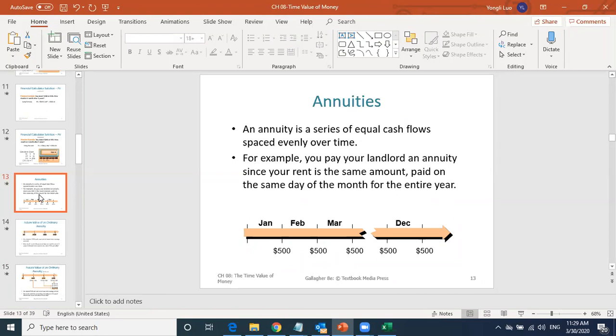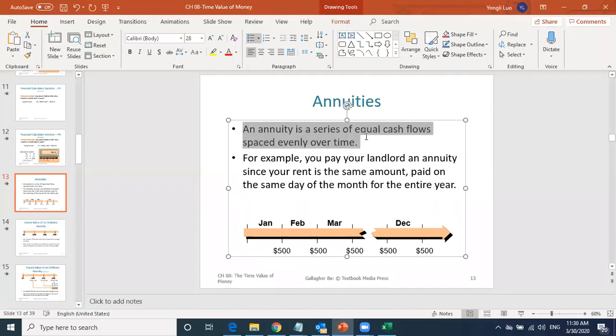Another type of time value of money question is annuities. An annuity is a series of equal cash flows occurring or spaced evenly over time. So we have two things: one is equal payment, and the other is equal time interval.